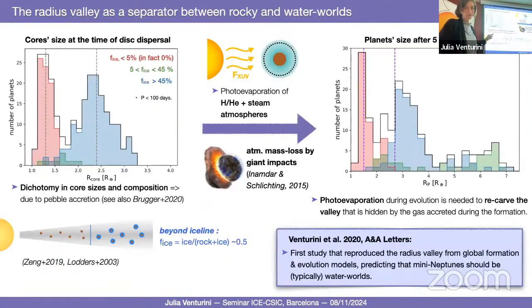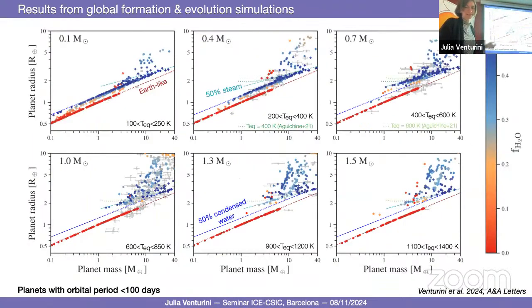And the small, we can look again at the plot. Below 1, no, there should be rocky. There can be some exceptions, but above 1, at least these models predict that you can perfectly have water worlds of 1 Earth mass around M-dwarfs.